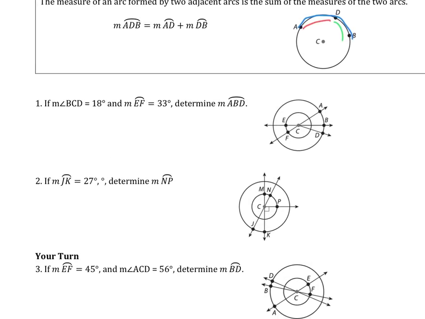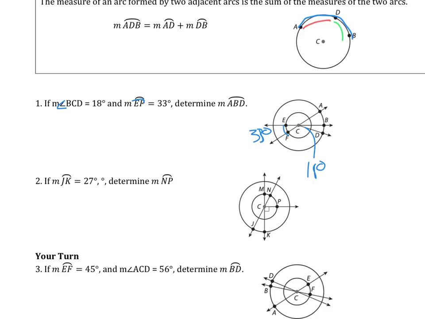So first one here, if BCD is 18, so that's an angle by that symbol there. So BCD, so that's that right there, is 18. And EF, now this is an arc because of that symbol, I'm going to put 33.